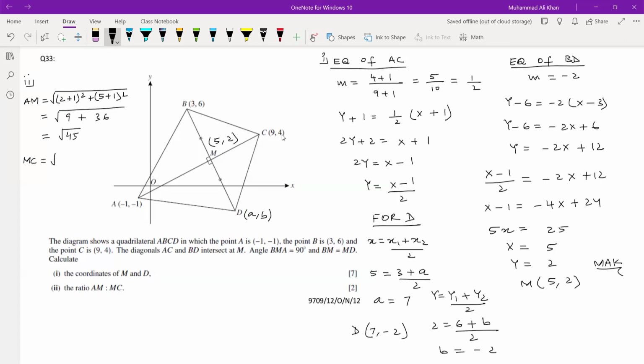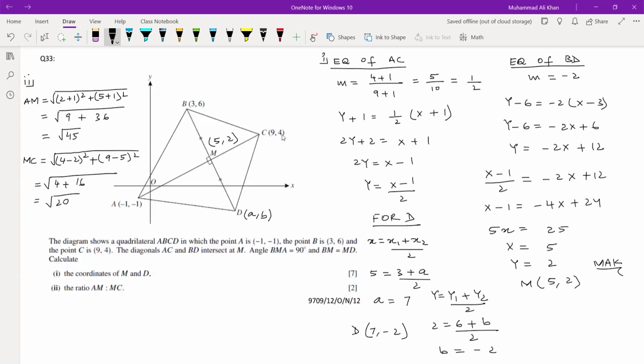Now, after that, MC. Here it is under root of 9 minus 5 whole square plus 4 minus 2 whole square. 4 minus 2 is 2, 2 square is 4. 9 minus 5 is 4, 4 square is 16. So it is under root 20.